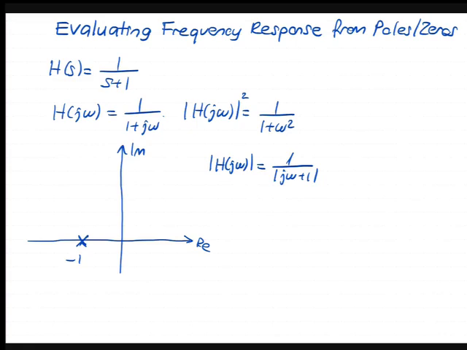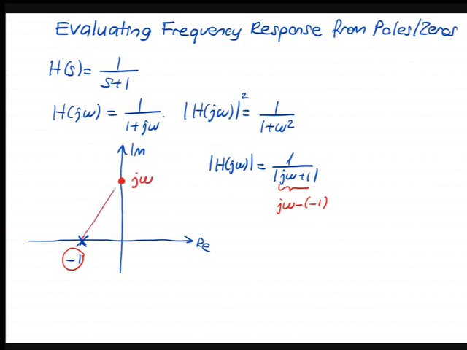But how can I interpret j omega plus 1 as a vector in the complex plane? j omega plus 1 is j omega minus negative 1, which is this, right? So if I put a vector starting at negative 1, pointing to j omega, that's j omega plus 1.